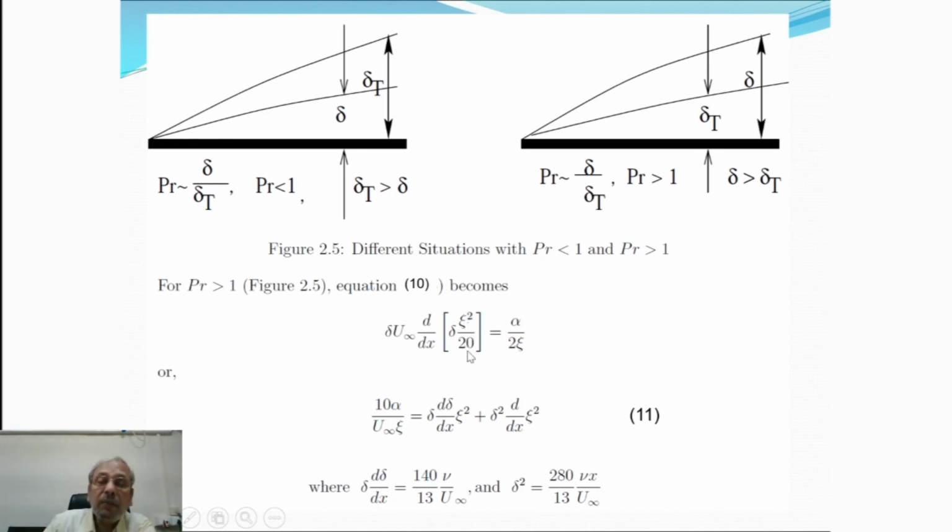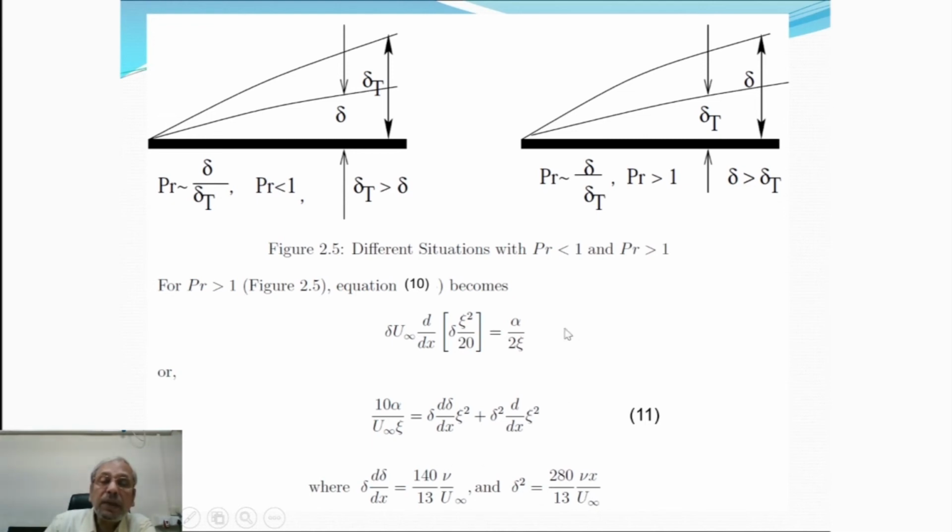delta zeta square by 20, if we differentiate, we get delta d/dx of delta zeta square plus delta square, basically this delta into this delta square into d/dx of zeta square.